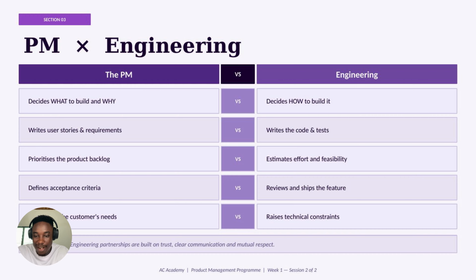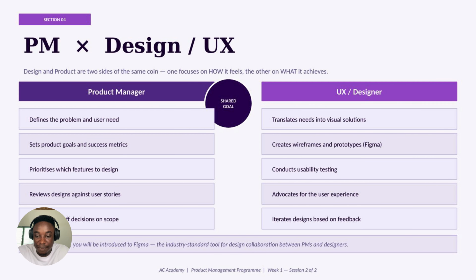Next on our list is product managers versus design or UX. So design and product are 2 sides of the same coin. The designer focuses on how the product feels, while the product manager focuses on what it achieves. So you would have the same goal, a product that works for the user.